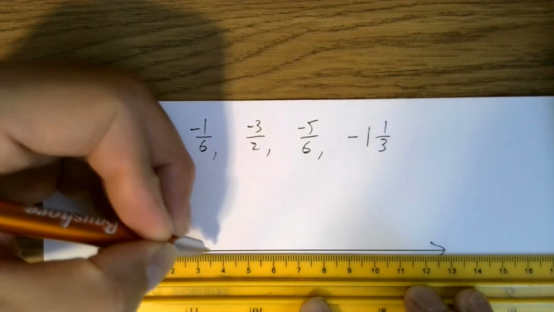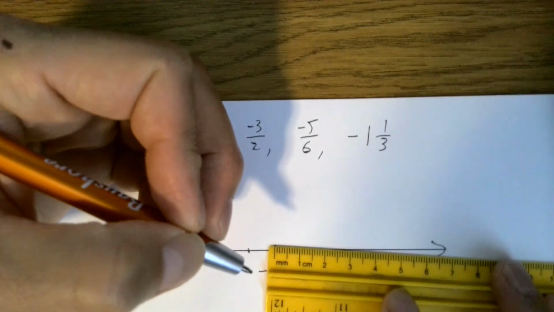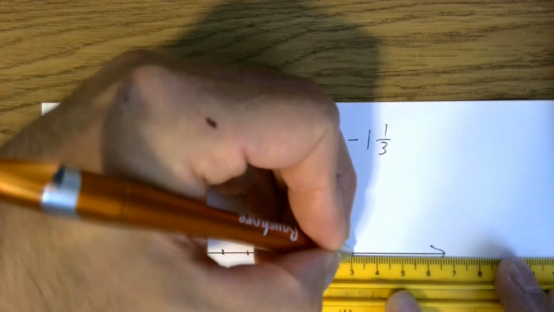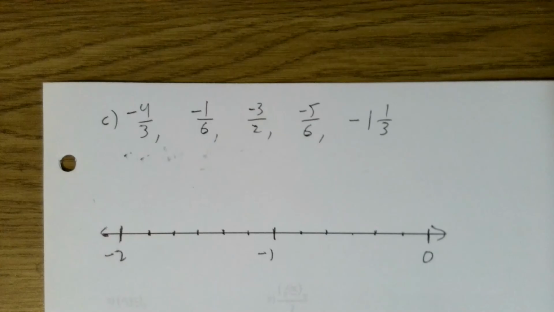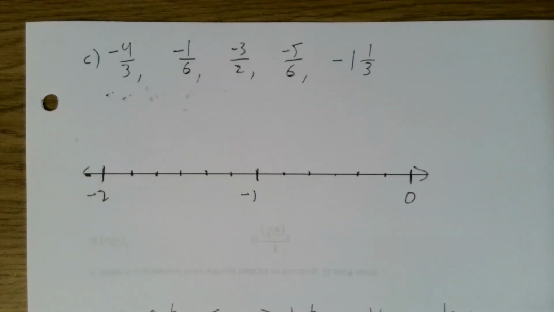2, 3, 4, 5, 6. That's going to get me to -1. That's going to get me to 0. There we go. Okay, -4/3.